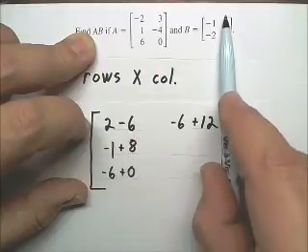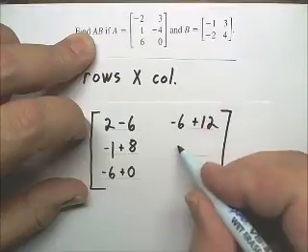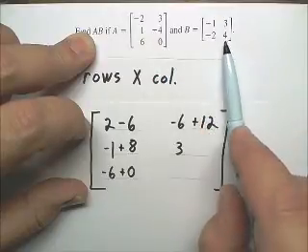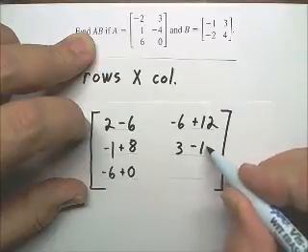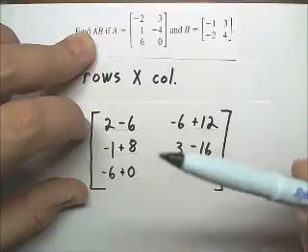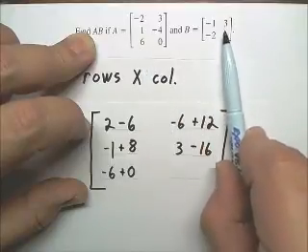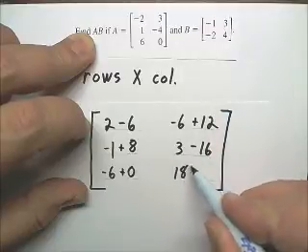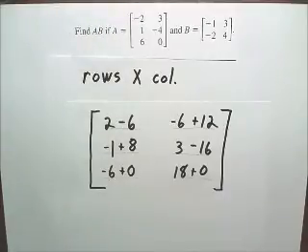Okay, now we'll take the second row times the last column, and that's going to be 1 times 3, which is 3, and -4 times +4, which is -16. Now, to get the bottom one, we're going to take 6 and 0 times 3 and 4, so that's going to be 18 plus 0.